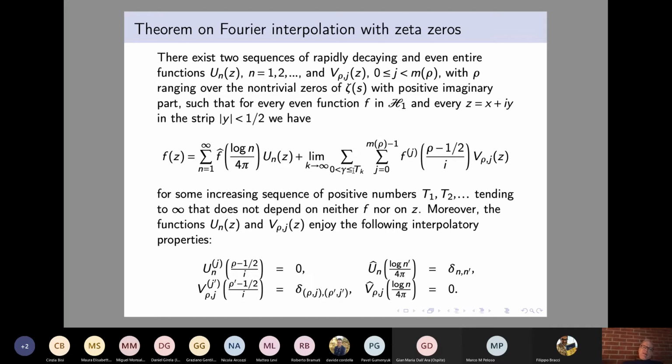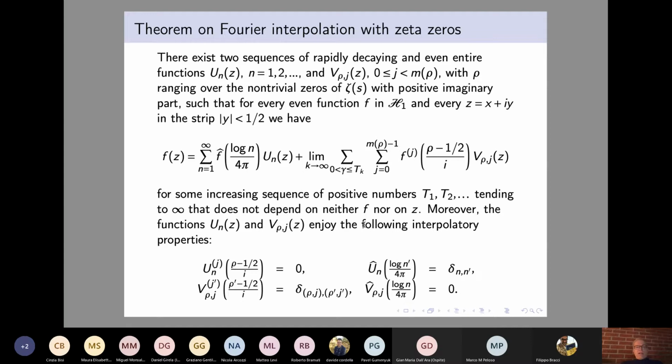So I couldn't sum it in an arbitrary way, but it converges in an appropriate sense. So we can represent every function in this way as an interpolation formula, where you have on one side the values of the Fourier transform at log n over 4 pi, and on the other side you have values of the function along with its derivatives, if needed, at the zeros of zeta.